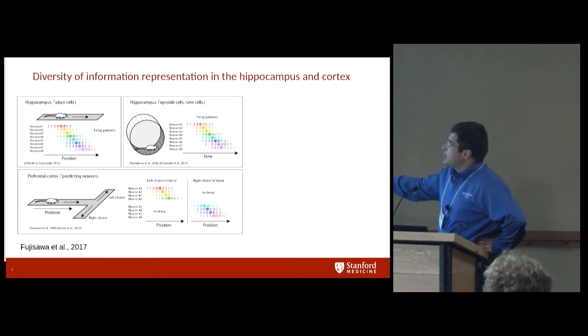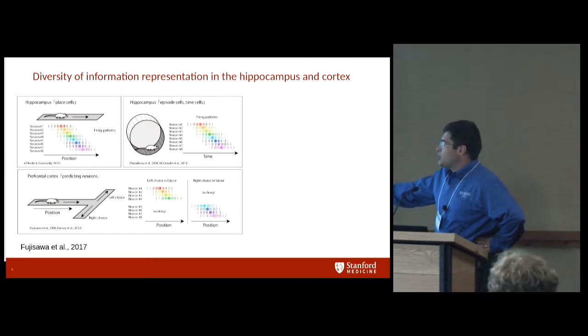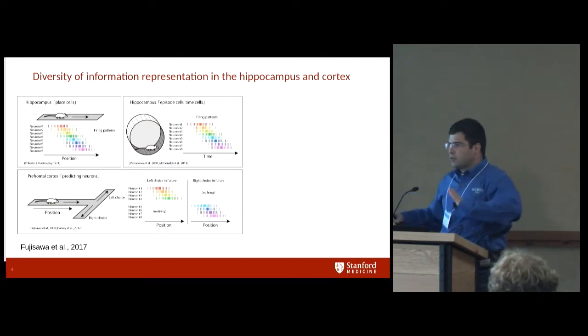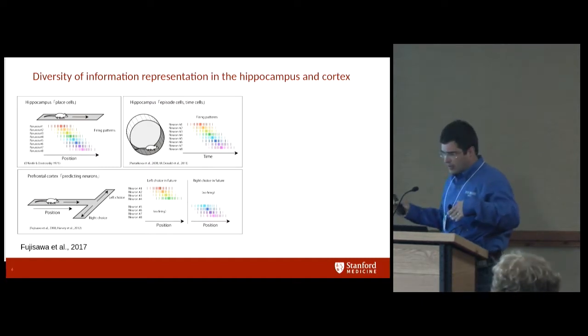More recently, there was the discovery of cells that have been called episode cells or time cells, which are active at the beginning or the end of certain episodes of activity. Another discovery was the so-called predicting neurons that are active shortly before the animal is about to make a decision, such as turning left or turning right.